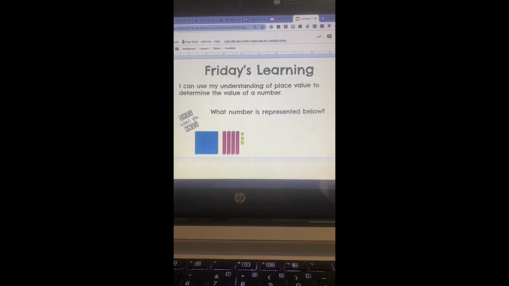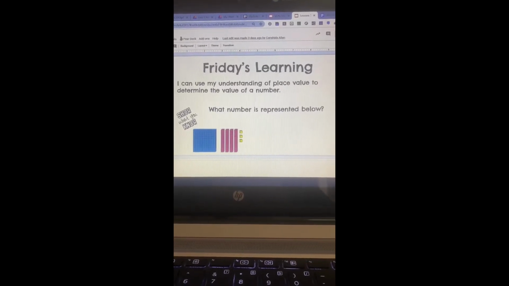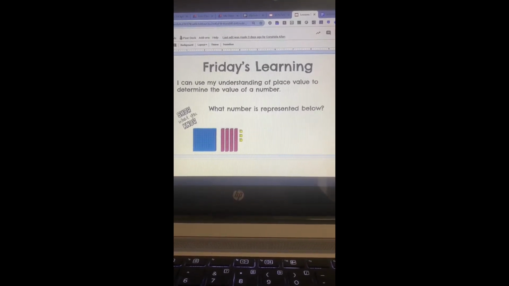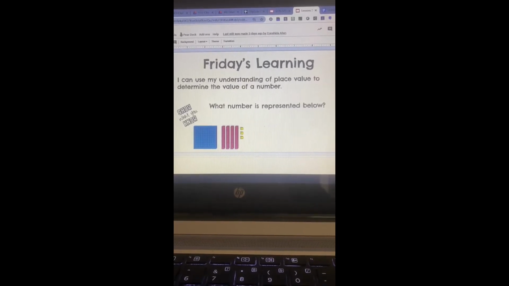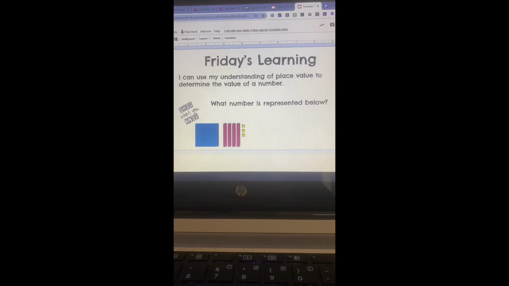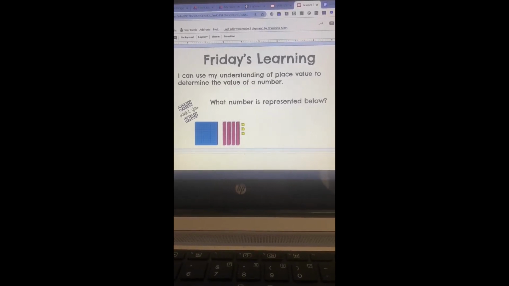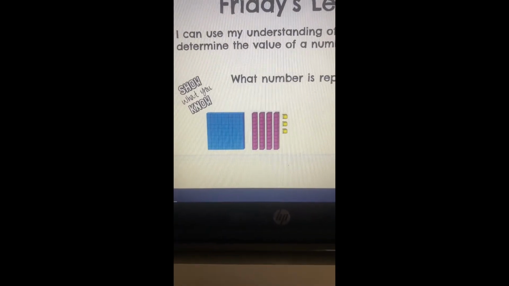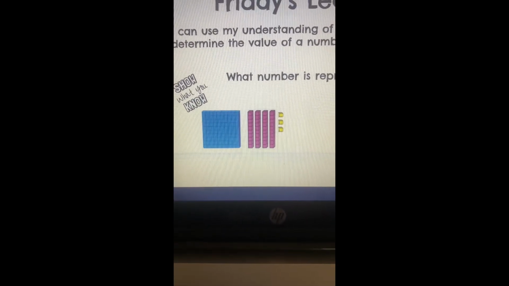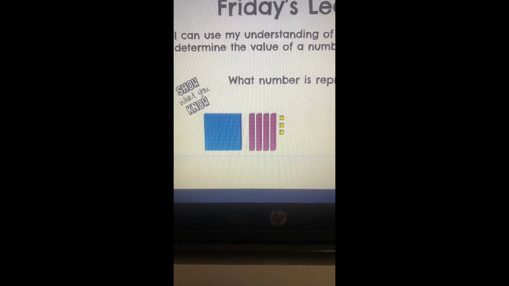Thinking about today's learning, guys, I can use my understanding of place value to determine the value of a number. So looking at these shapes, what number is represented below? And I hope you remember these shapes, these tools from 2nd grade. They are base 10 blocks, and they help us count.